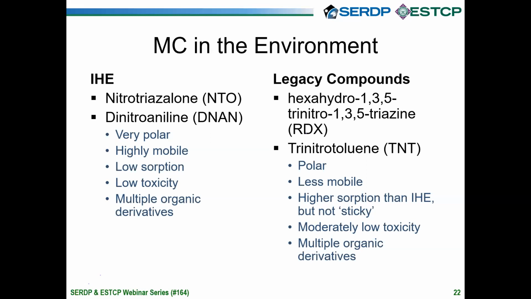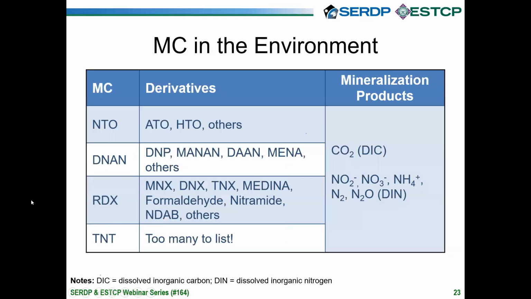And all of these compounds will yield multiple organic derivatives that come in a lot of different flavors. Some of these are listed in the central column of this table. I don't want to get into the detail of these too much, but I do want to say that traditionally, one of the primary routes of evidence for compound degradation in the environment has been the presence of these organic derivatives.